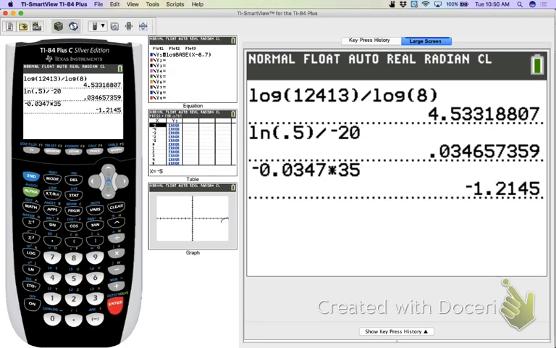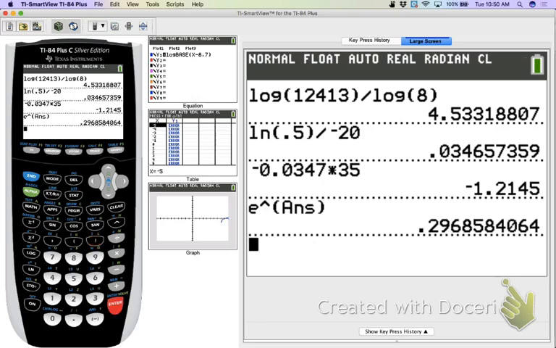I need to take it to the e power, so I hit second and the natural log, so I have e to a certain power. In this case I can just type in negative 1.2145 and go from there. Or I can just have e, and hit second and then the negative symbol, and it's going to give me my last answer.